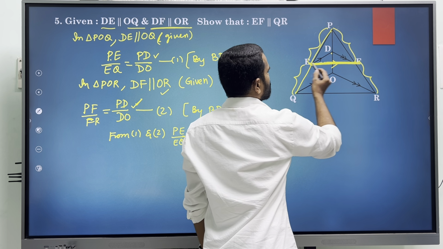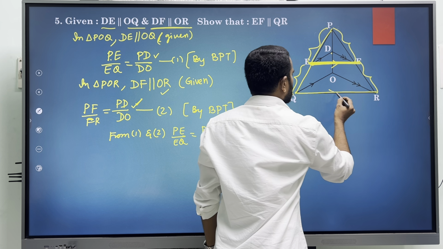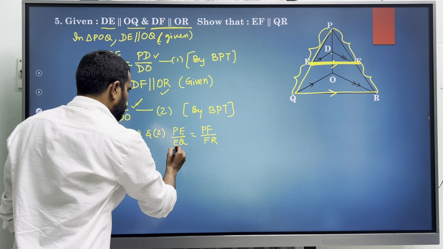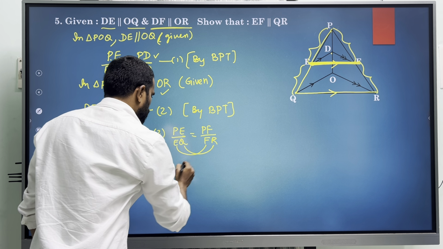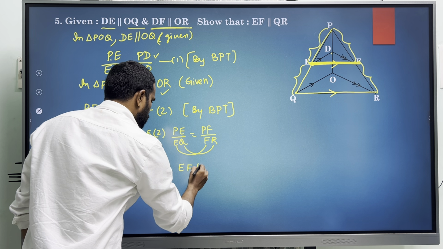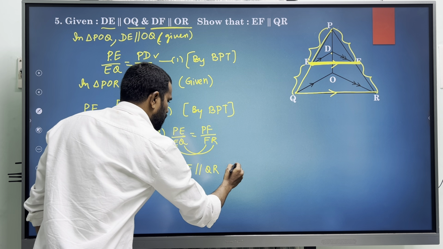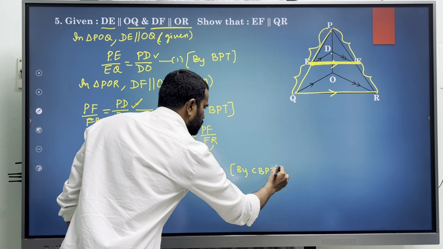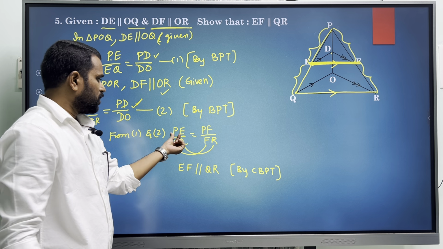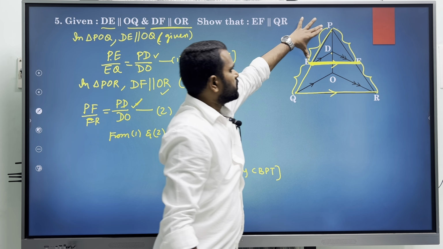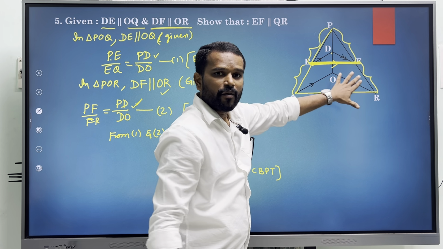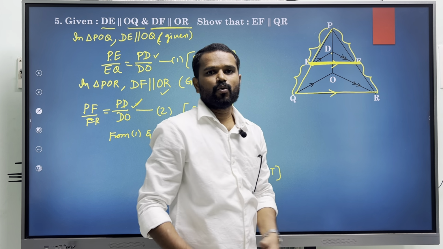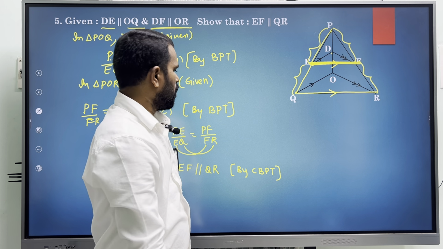That is, EF is parallel to QR. This is by the converse of the basic proportionality theorem, because these ratios are proportionate, therefore EF is parallel to QR.